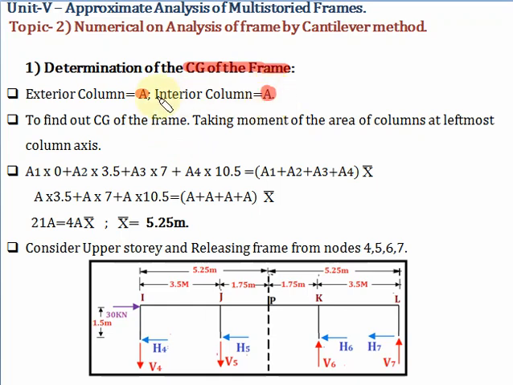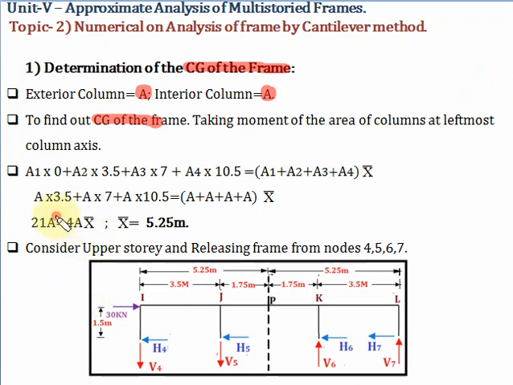So here we have considered the area of the column as A. To find the CG of the frame, taking moment of the area of the columns about the leftmost column axis: A1 into 0, A2 into 3.5, A3 into 7, that is 3.5 plus 3.5, then A4 into 10.5, equal to A1 plus A2 plus A3 plus A4 into X bar. If you solve this, we get 21A equal to 4A into X bar.